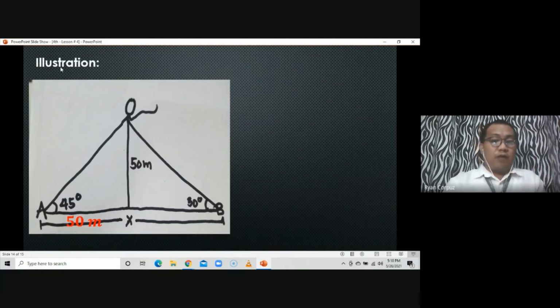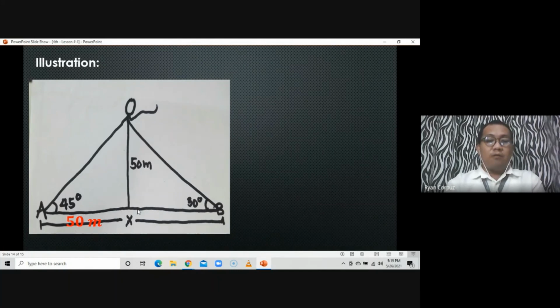Na kapag given yung one of the sides, one of the legs in a given 45, 45, 90 degrees special right triangle, so for you to find out the other leg, it's the same measure because the legs are congruent when your given triangle is a 45, 45, 90 degrees special right triangle. So this side measures 50 meters. So nakuha na natin to. Ito na lang yung kailangan natin.